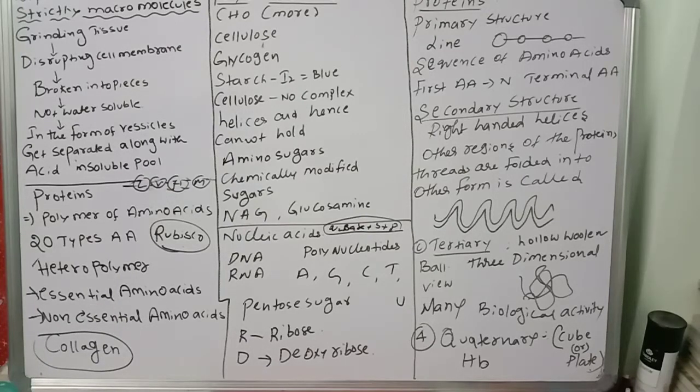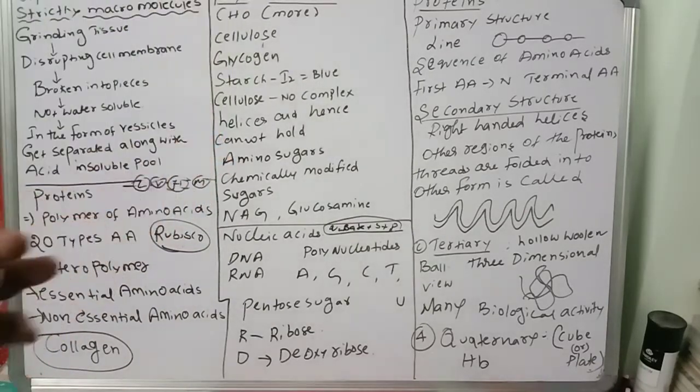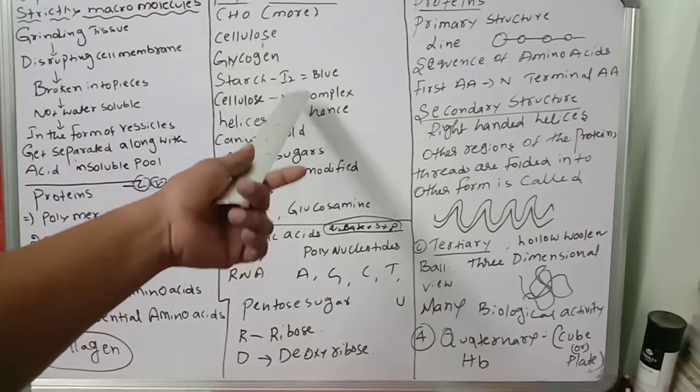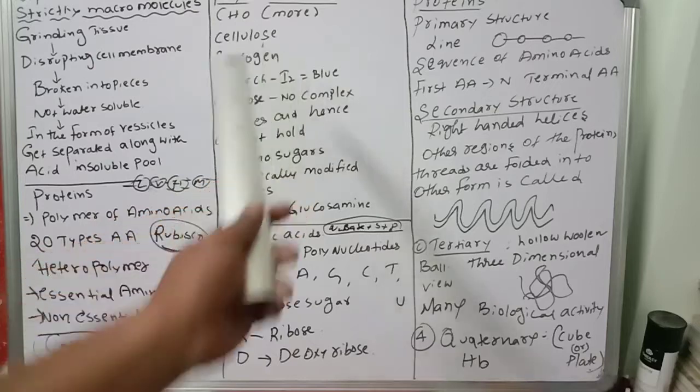So, polysaccharides. What are the polysaccharides? Cellulose, glycogen. A group of carbohydrates, simple glucose molecules together forming complex polysaccharides like cellulose and glycogen. Why does iodine react with starch and make blue? Because they have helices. Why does cellulose not produce the blue color when reacting with iodine? Because there are no helices.